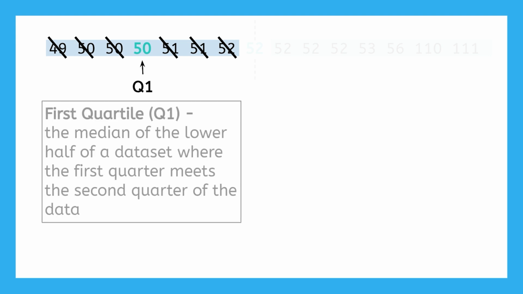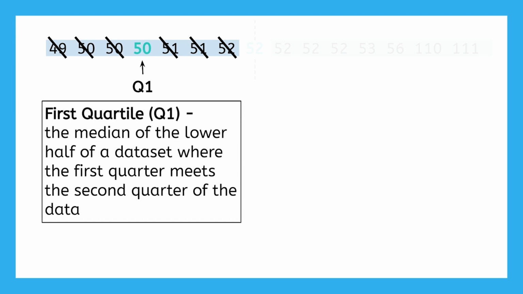This number is known as the first quartile, or Q1. We call this number a quartile because it helps break up the dataset into quarters. Q1 is the median of the lower half of a dataset, the point where the first quarter meets the second quarter of the data. All right, now let's take a look at the upper half of our data.